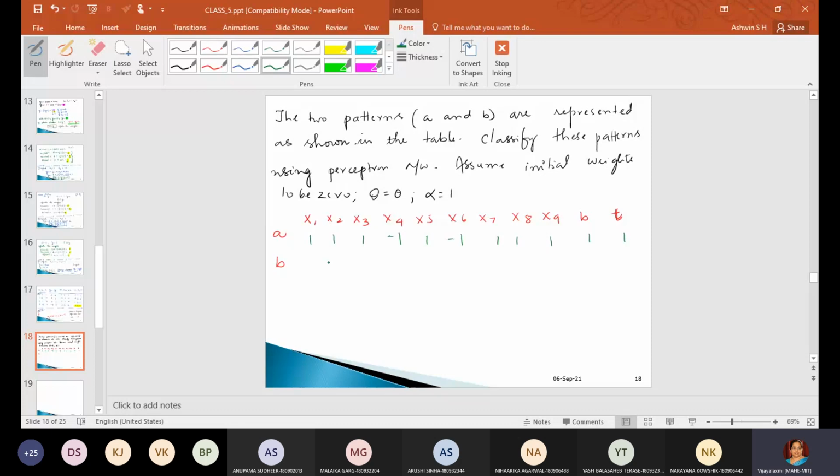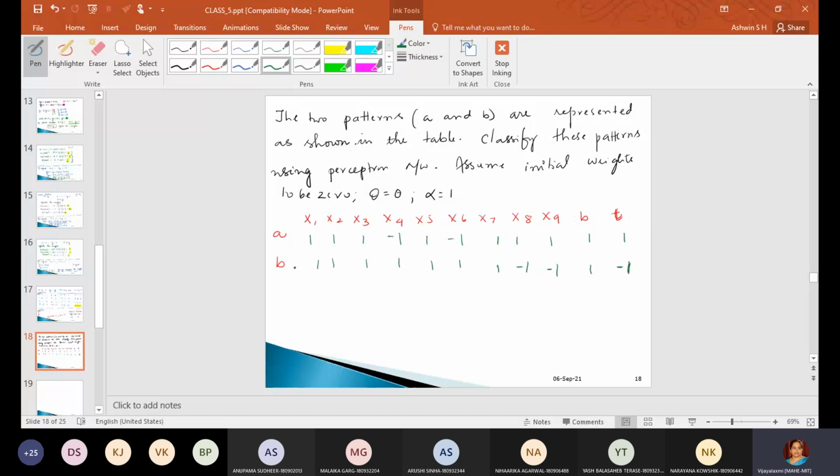So here 1, 1, 1, 1, 1, 1. X8 is minus 1, x9 is minus 1. This is 1, this is 1, this is minus 1. So this is the table.